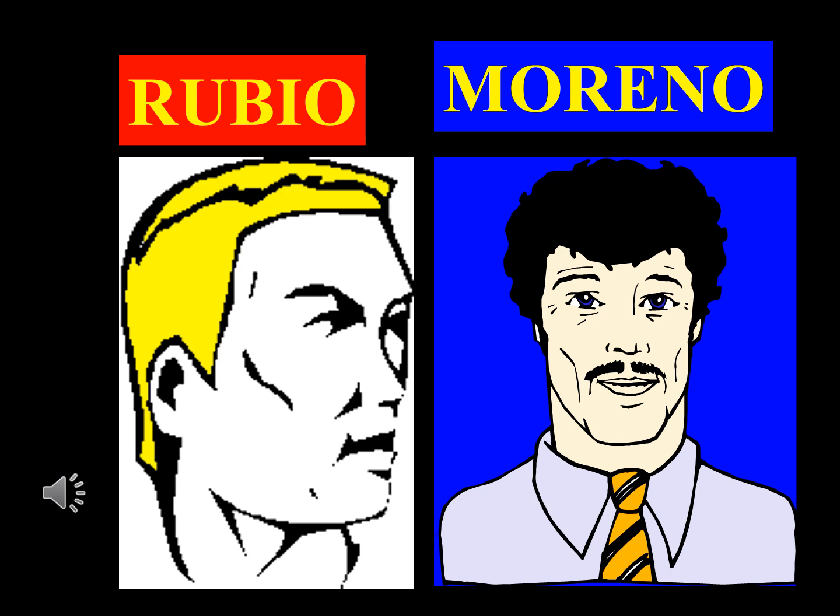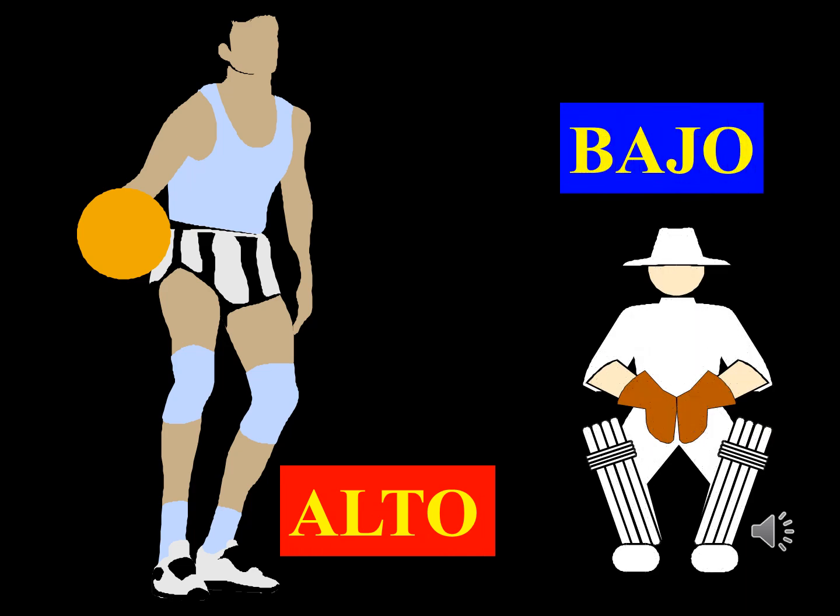We saw these before. Rubio versus moreno. Opuestos here, opposites, right? Alto versus bajo. Both of these adjectives, because they end in O, have 4 possible forms.